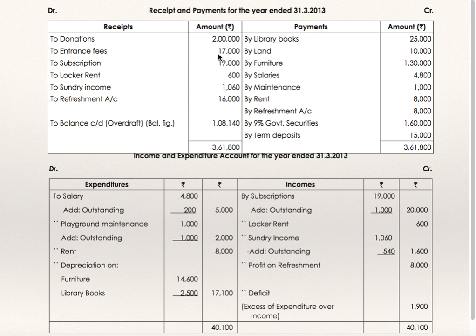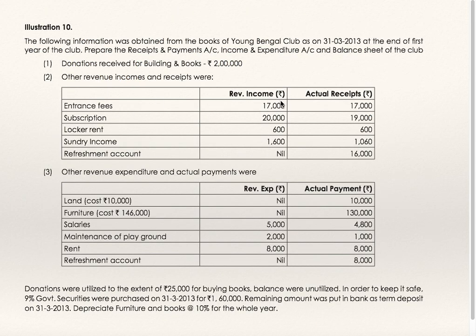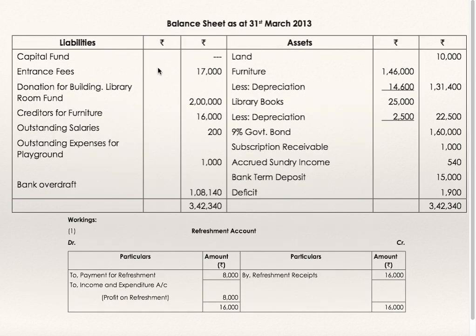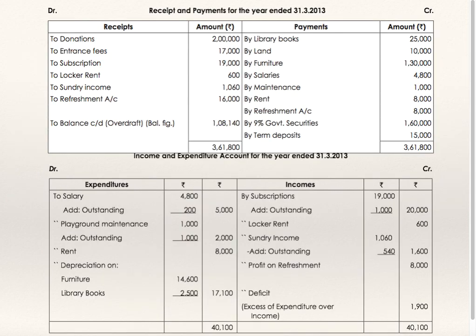Now revenue they are showing 17,000, but actually they are showing it on the liability side, they are capitalizing it, but I want you to show it because they have shown it in the revenue column. So you can show here entrance fees 17,000, so your answer and their answer will not match. They are getting a deficit whereas you will get a surplus because you are showing entrance fees 17,000.